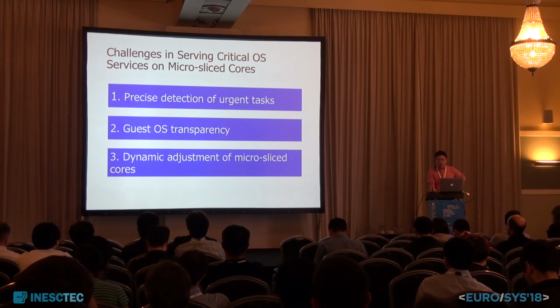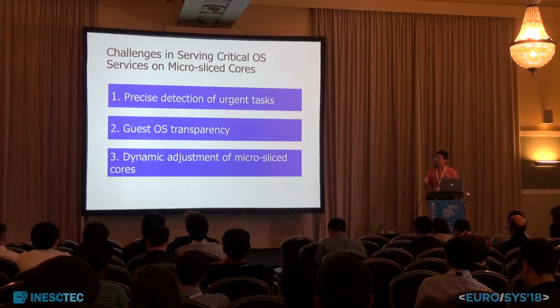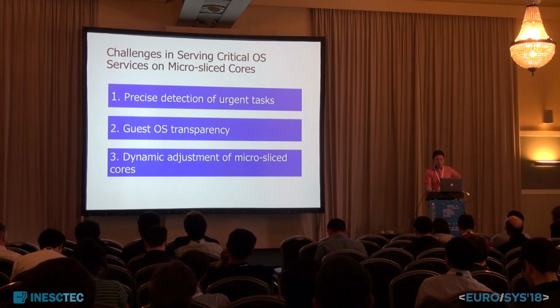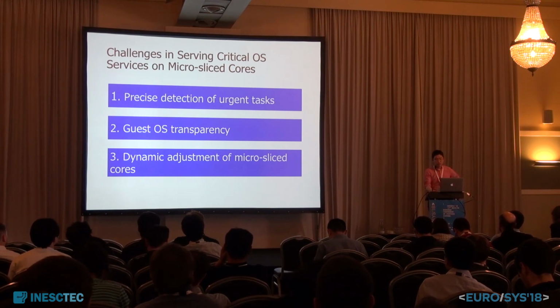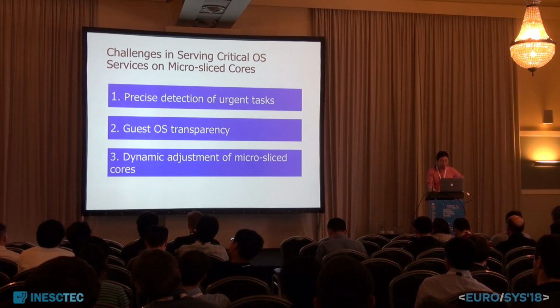Second, we'd like to avoid guest OS modification because requiring guest OS modification is not desirable in cloud systems. Last, statically partitioning CPUs into 2 groups may waste CPU utilization if applications are not kernel intensive, so that the micro-sliced pool becomes idle. So we develop a technique dynamically adjusting the number of micro-sliced cores.